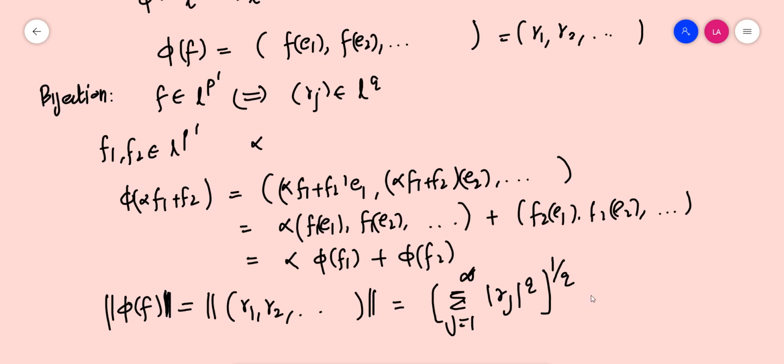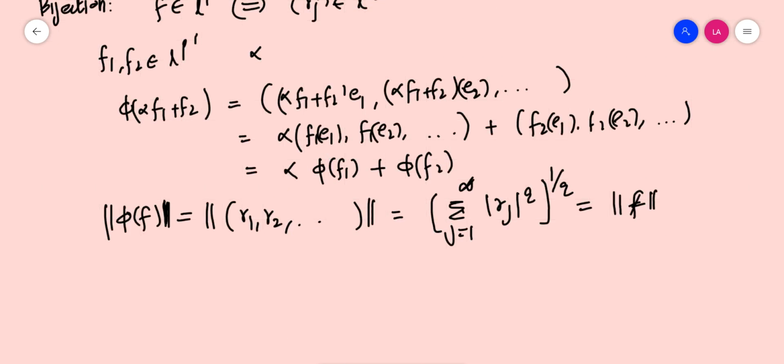And we have already defined that this is actually equal to norm f. So we have established that norm of phi of f should be equal to norm of f as well. So phi is a bijection, phi is linear, and phi preserves norm as well. So phi is an isomorphism.